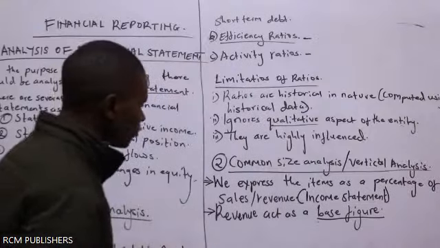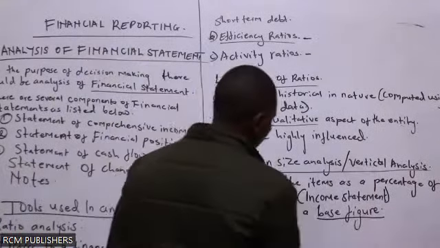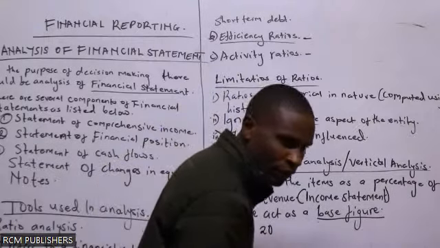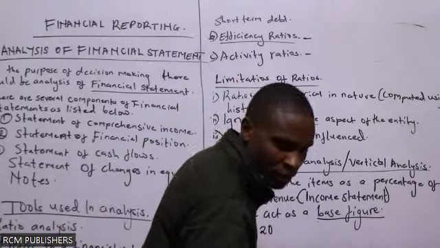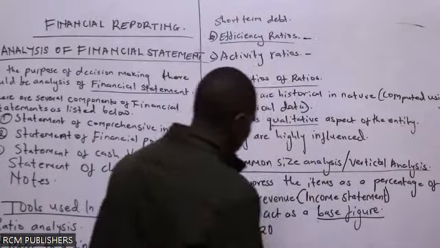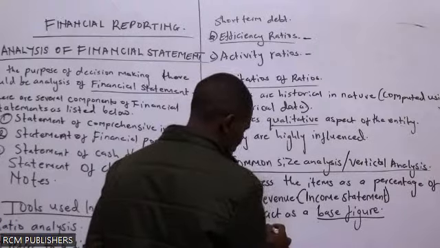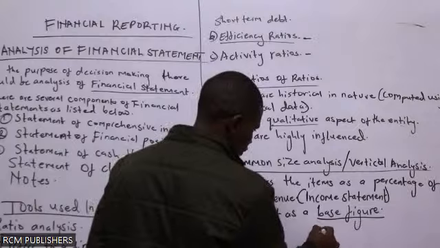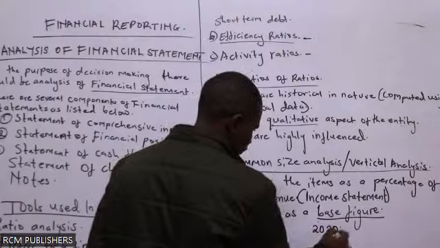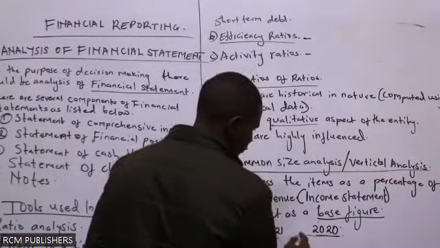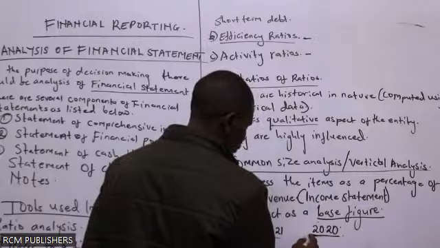For example, let me now show you how we shall be doing this. This is Morris Limited, the Morris company, 2021 financial year and 2020.